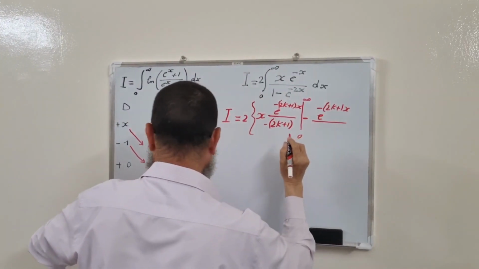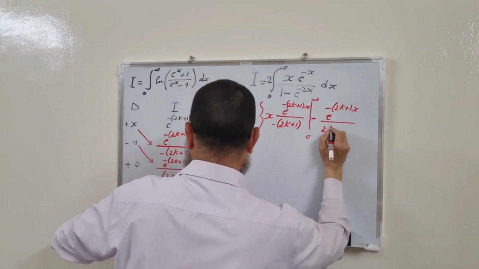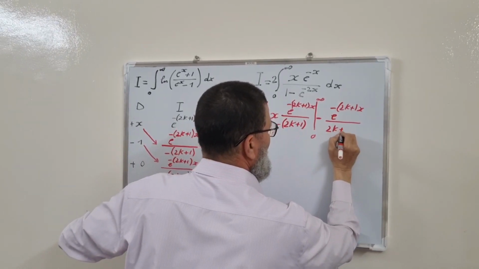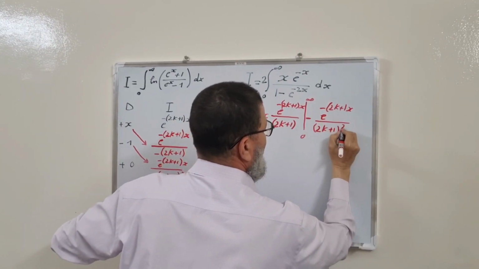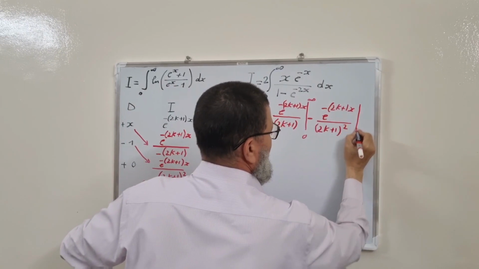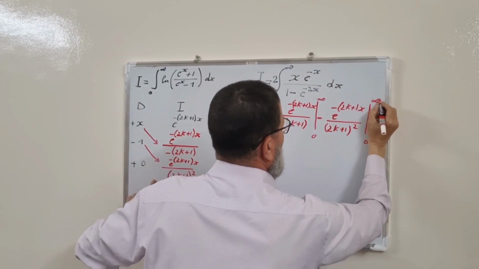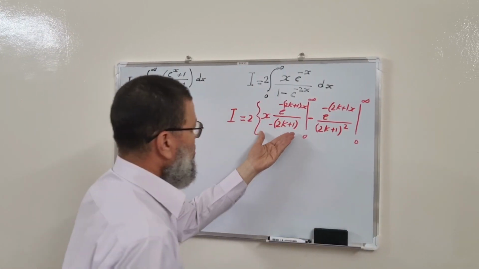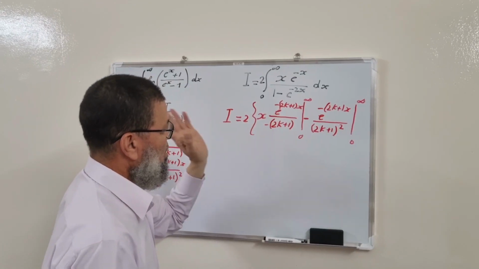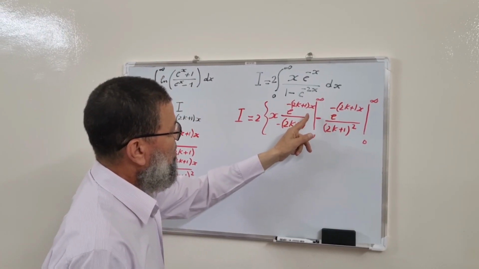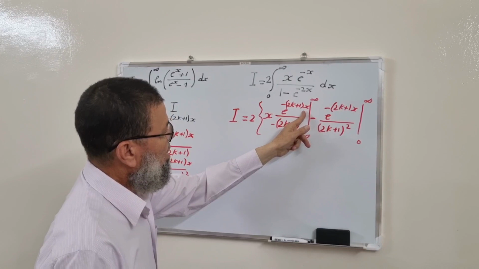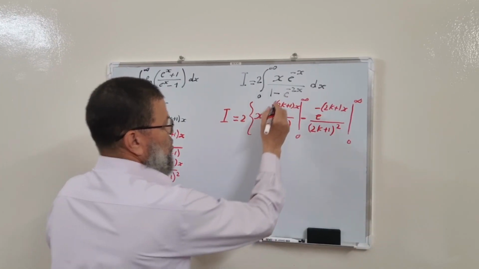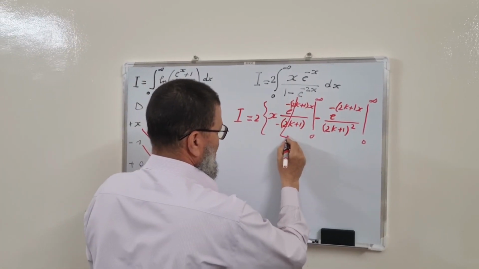The first term will be 0 at x equal 0, and at x equal infinity this will be 0, so this part will be 0.